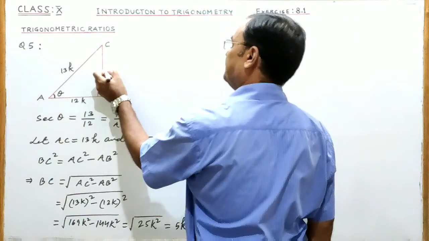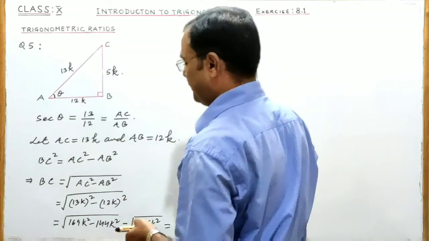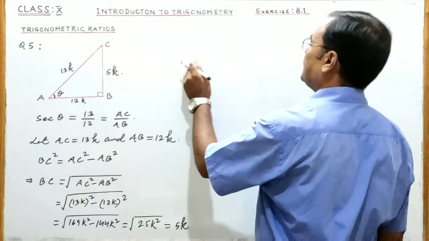So this way BC we have got 5K. Now we can write the other trigonometric ratios.